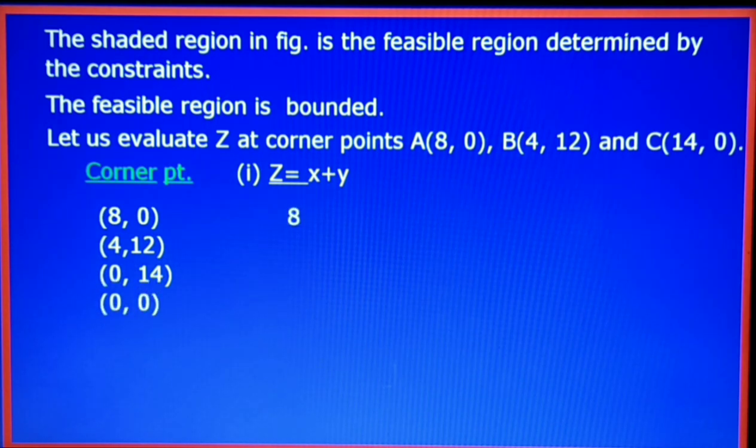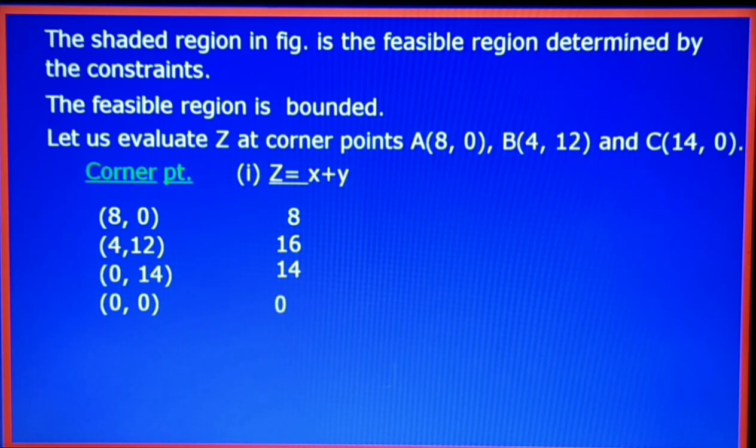When x is equal to 8, y is equal to 0, z is equal to 8. When x is equal to 4, y is equal to 12, z is equal to 16. When x is equal to 0, y is equal to 14, z is equal to 14. When x is equal to 0, y is equal to 0, z is equal to 0.